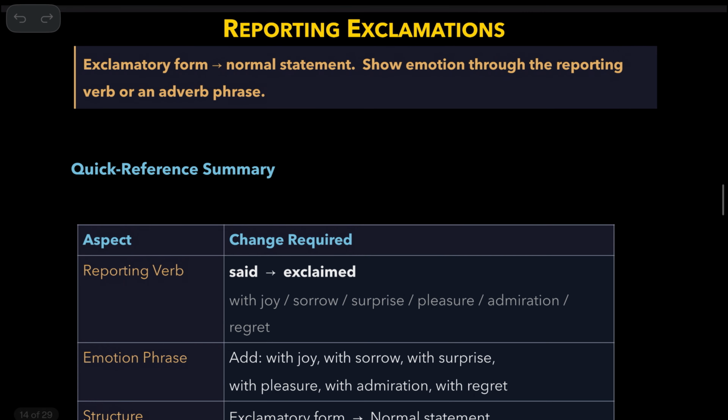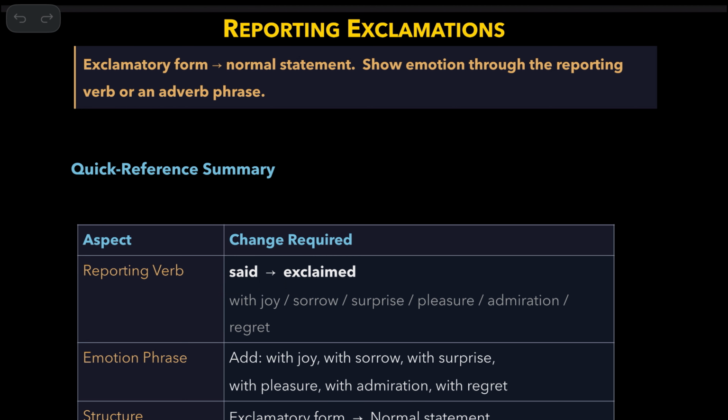Now, how do you report exclamations? You need to change the sentence form from exclamation to normal. So you should show the emotion indicated in the actual sentence through the reporting verb or an adverb phrase. For example, said changes to exclaimed.